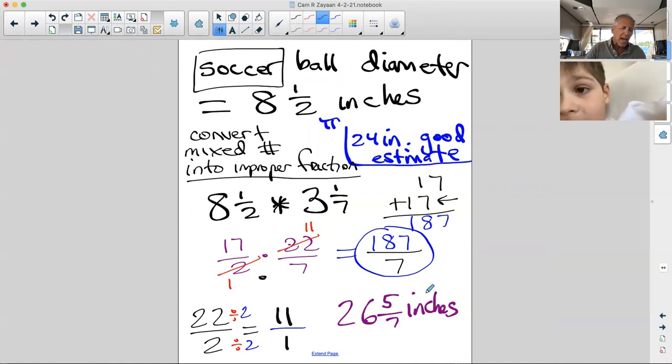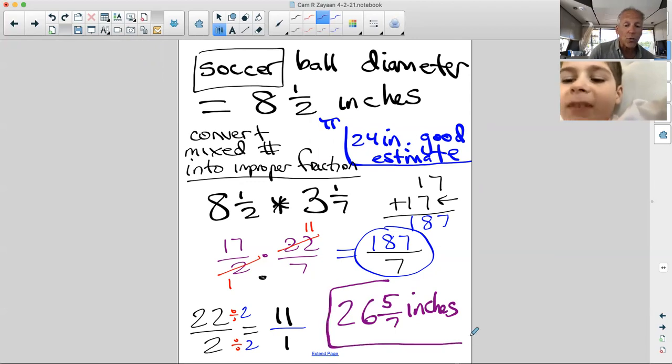And Cam, when you're done with this class, I want you to take a flexible tape measure and measure the circumference of a soccer ball. And I bet it's going to be very close to 26.5 inches.